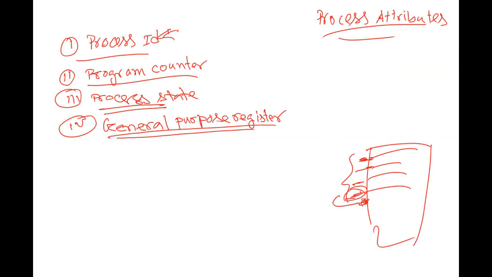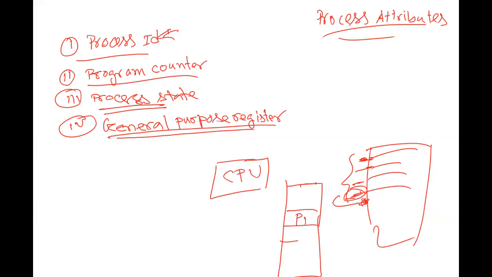When your CPU runs a process from the memory, let's say this is the memory or RAM, and currently P1 is running on the CPU, and then a new process P2 comes into the RAM, and P2's priority is higher than P1.